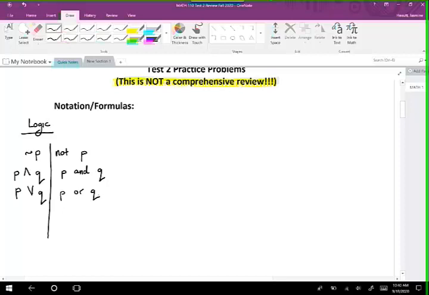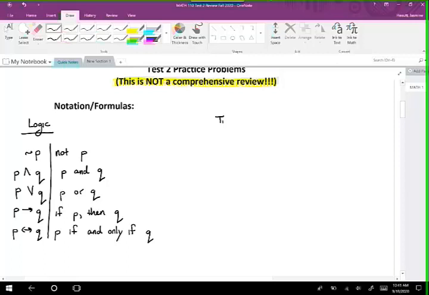Those symbols look kind of like the intersection and union symbols that we had for sets. And then we had P arrow Q, which meant if P, then Q. And finally we had the double-sided arrow, which meant P, if and only if, Q. So these were the symbols that we had for this test.